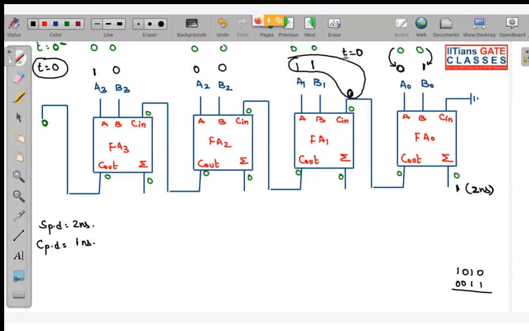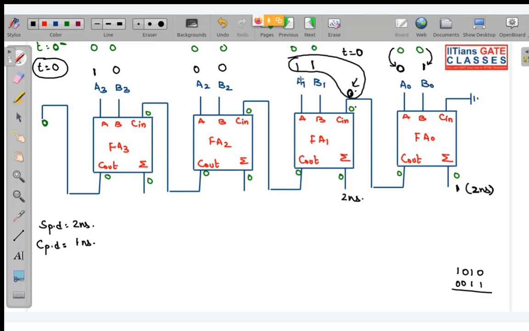So this sum will be generated at 2 nanoseconds, not at 3 nanoseconds, because all the 3 inputs were available from t equal to 0, and this carry did not make any transition. At 0 minus it was 0, at 0 plus it is also 0. So all the inputs were present from t equal to 0, and this sum will also be generated at 2 nanoseconds.